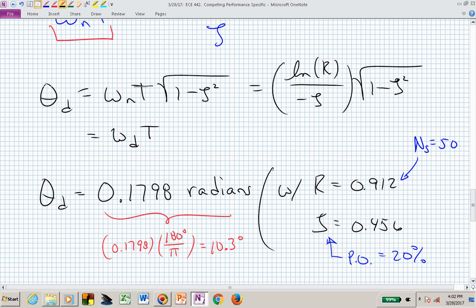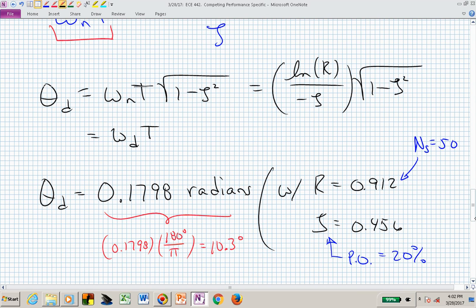Or it's 0.18 radians. We have 180 degrees per pi radians. So we now have roughly 10 degrees of angle with a radius of 0.912 will satisfy our 20% overshoot spec and a settling time of 50 sample periods.